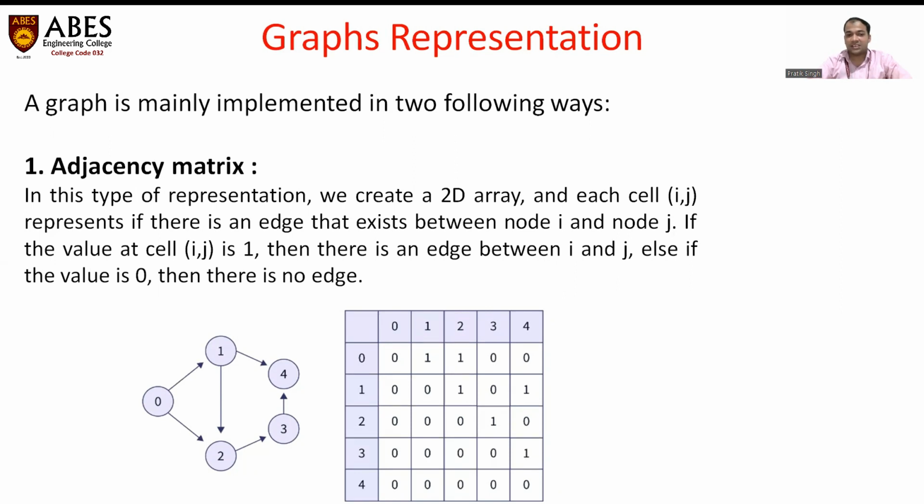If there is an edge, the cell value is 1, otherwise the cell value is 0. In the given example, we clearly see that 0 is connected to 1 and 0 is connected to 2. So we take value 1 in cell 0 to 1 and value 1 in 0 to 2. The remaining are all zeros for node 0, and so on.